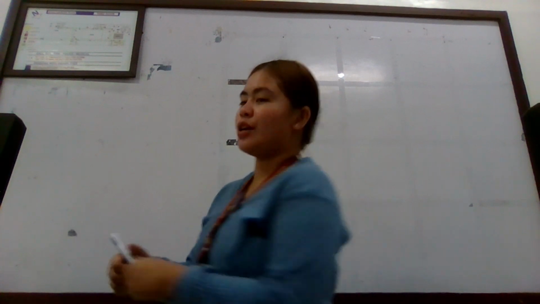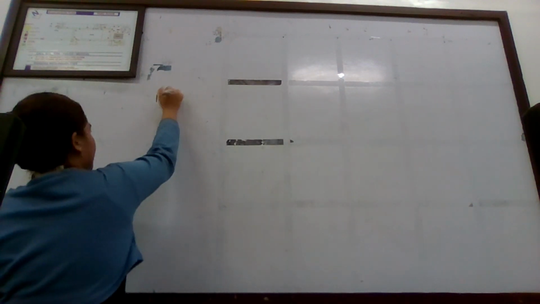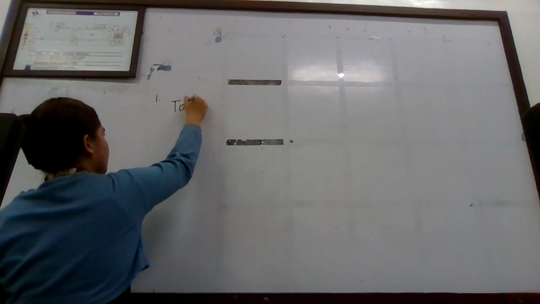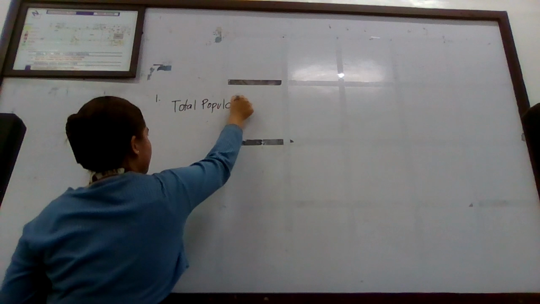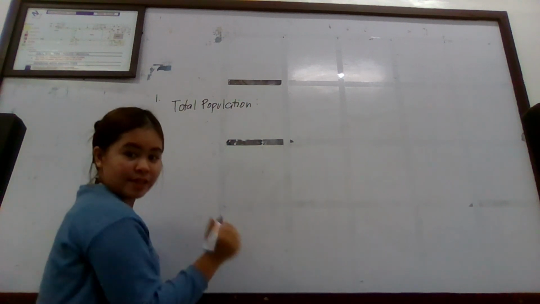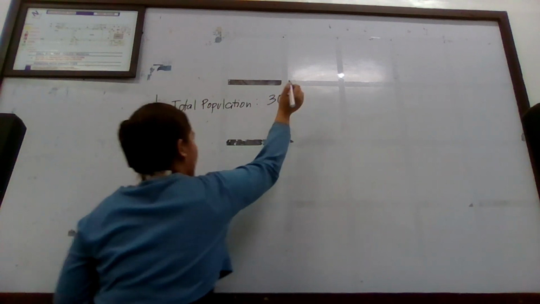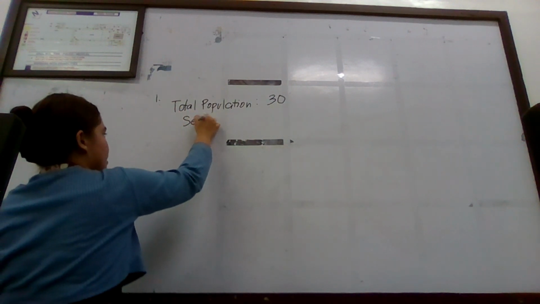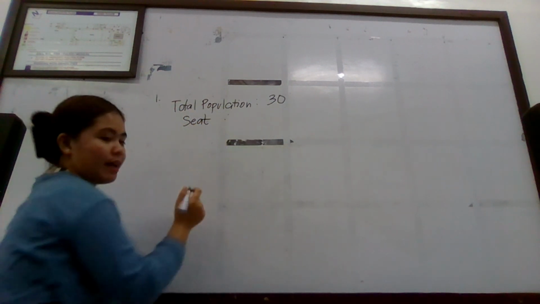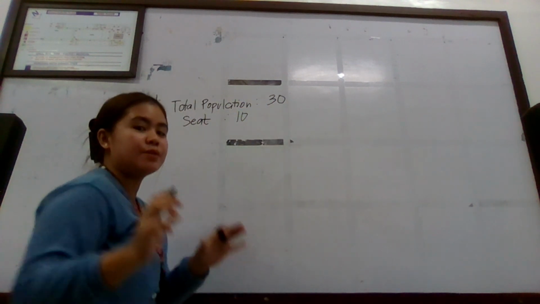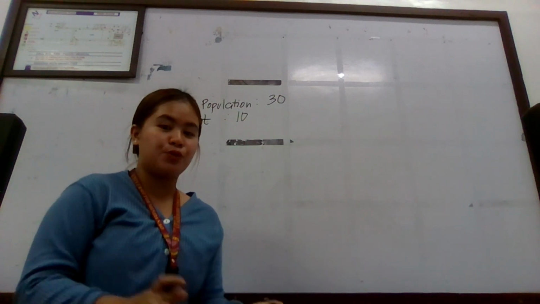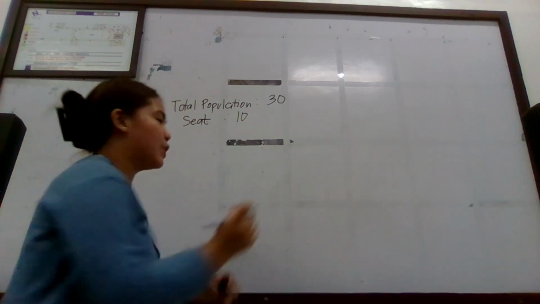So in order for us to solve our problem number 1, let us write first the given. So we have our total population, which is 30. And the seats that need to be allocated is 10. So let us write the table for us to organize the given information.